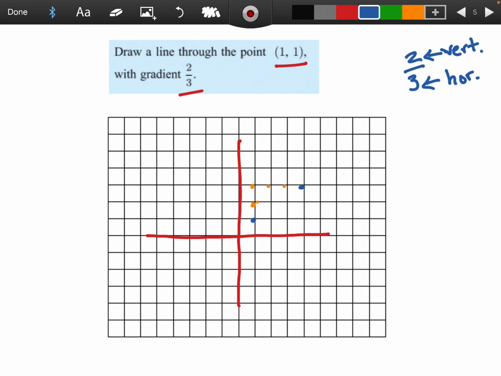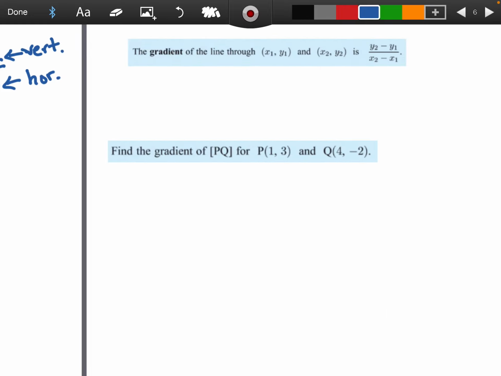And that is the next point on my line. I could do it again if I wanted to, right? Up 2, over 3, and I will get the next point on my line. Then you connect your dots with a ruler, arrows on both ends to show that it is a line. A line goes on forever in both directions, and it goes through the given point that I was assigned.